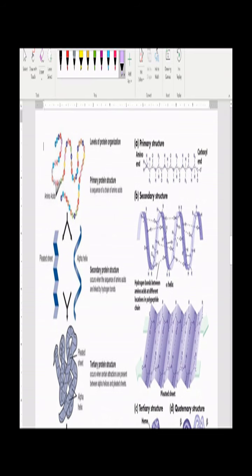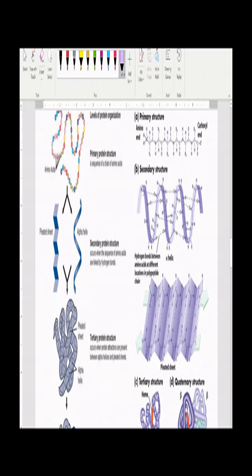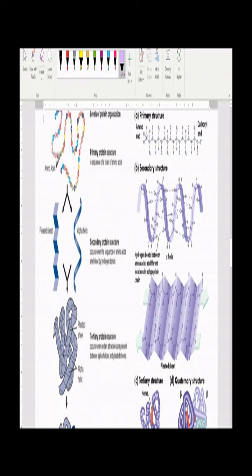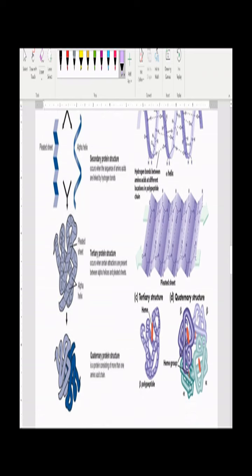And then when you take those beta sheets and alpha helices and get them interacting with each other, that creates what's called a tertiary protein structure, where you have interactions between those different sheets and helices. And finally, the functional unit of your protein is what's called the quaternary protein structure.